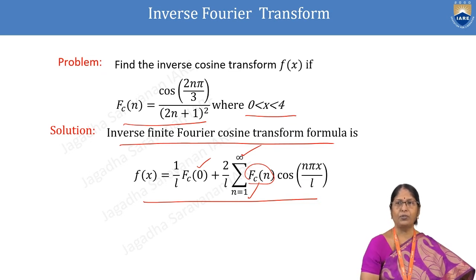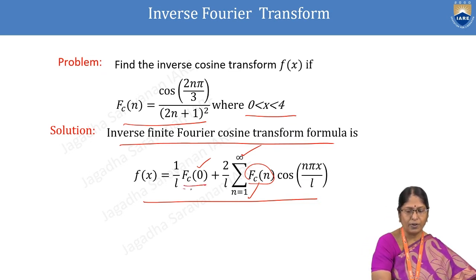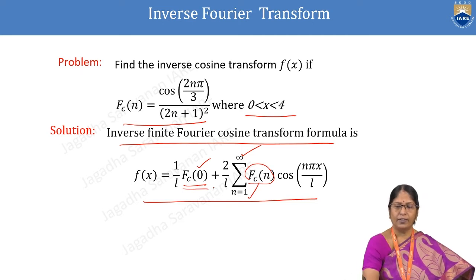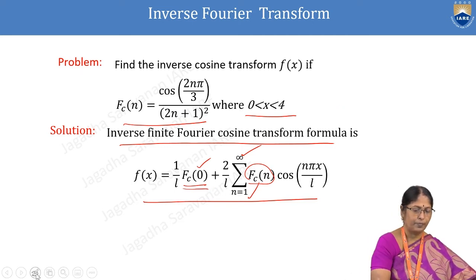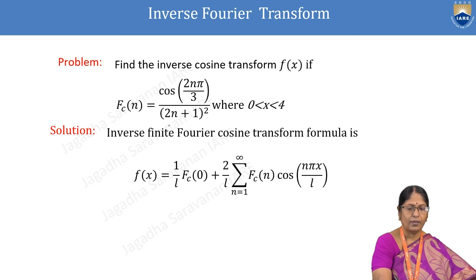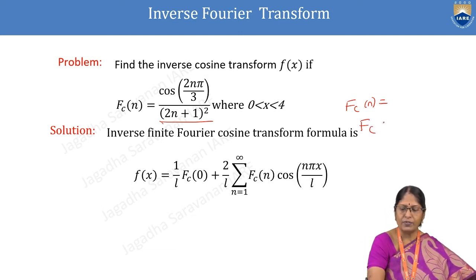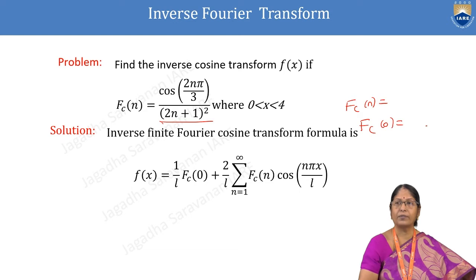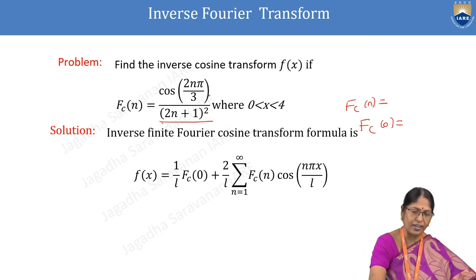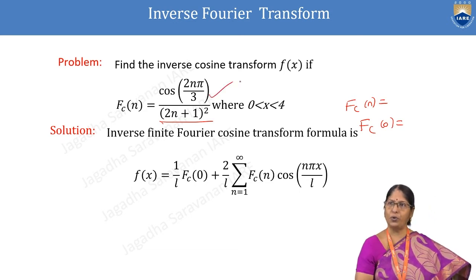We will substitute. First we will find this result, that is capital FC of n. But we want FC of 0. That means wherever n is there, we substitute 0.